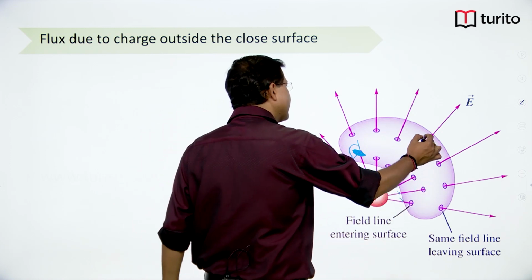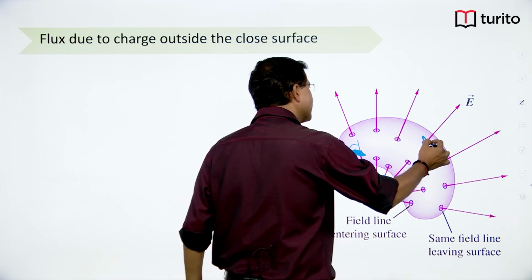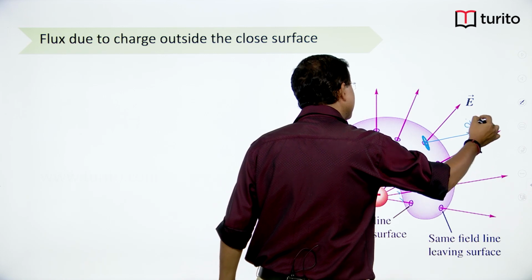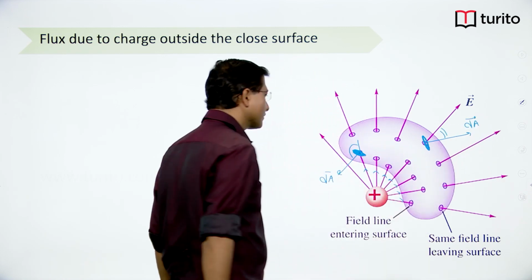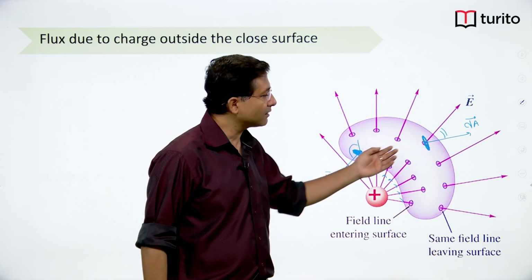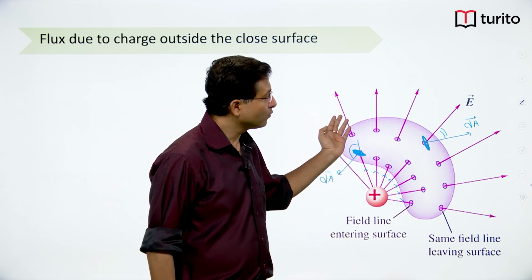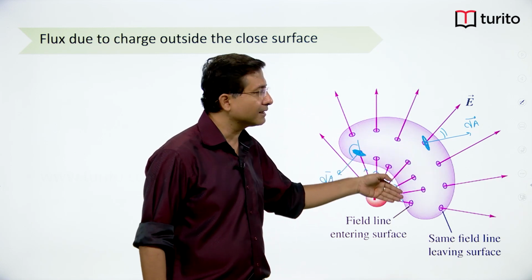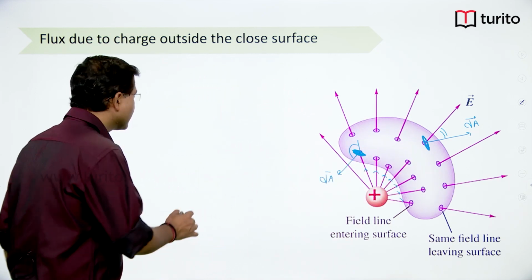But if you take an element here, the area vector makes an angle less than 90 degree. So here the flux associated is positive, and here it is negative. Whatever positive we are getting, the same negative we are getting, so the flux associated is coming 0.